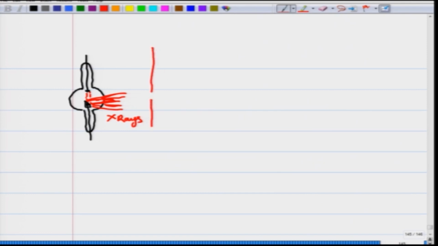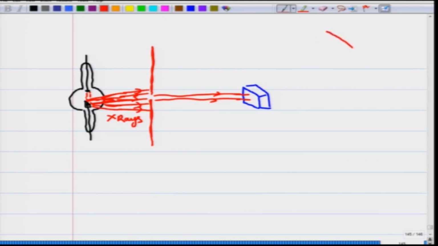These are the X-rays which are generated. These X-rays are passed through a collimator, so that you get a collimated parallel beam of X-rays, which falls on a crystal made up of periodic spacing of atoms, and then you have a screen placed behind it, which will capture the diffraction pattern.